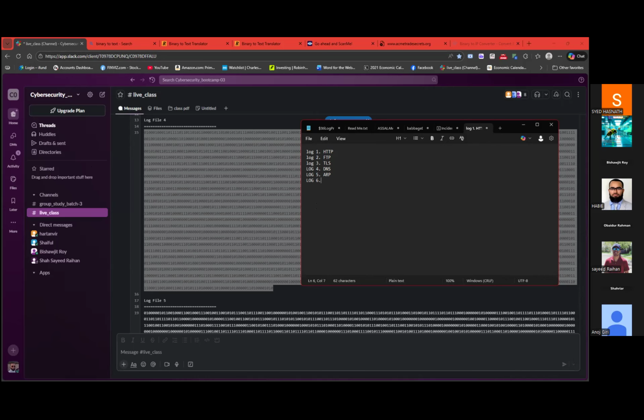It says HCI H4 packet. Which protocol is this? Never heard about this. HCI.